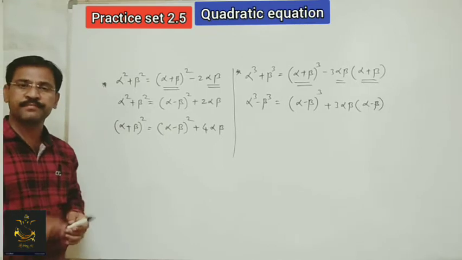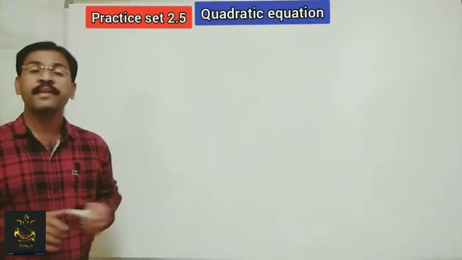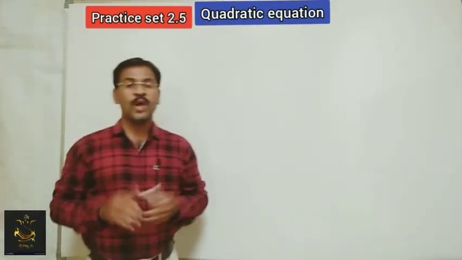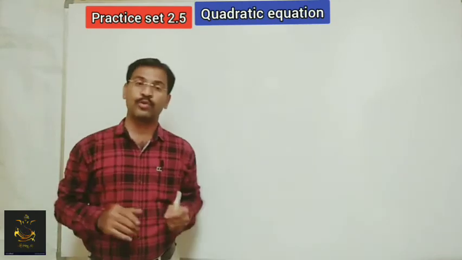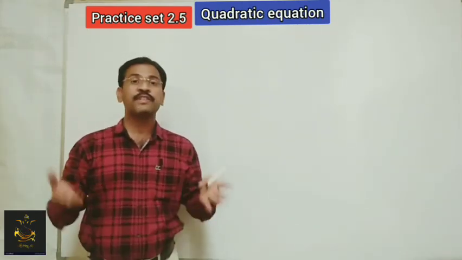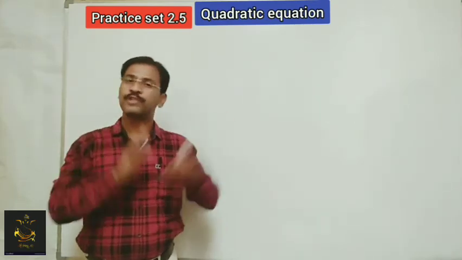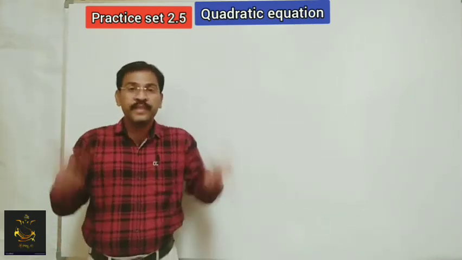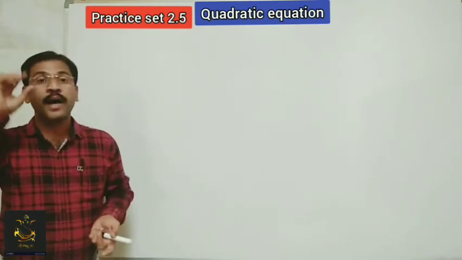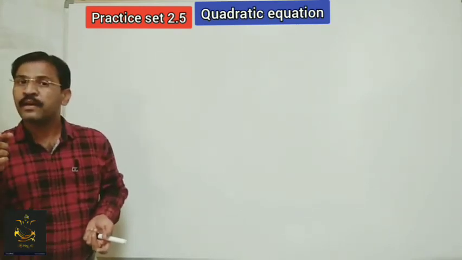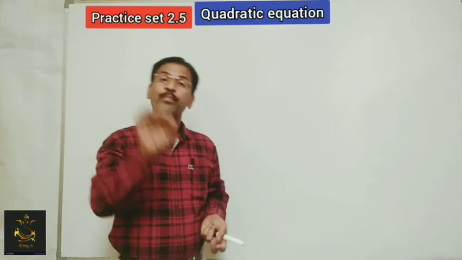See friends, in the sixth sum, alpha and beta are the two roots of the given quadratic equation, which is y square minus 2y minus 7 is equal to 0. That is given to us. From this information, we are going to find alpha square plus beta square and alpha cube plus beta cube.